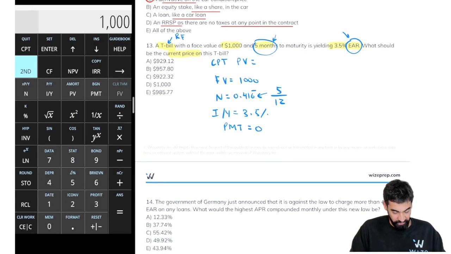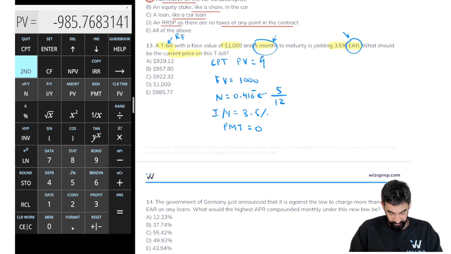So put 1,000 FV, 0.41666, plug in a lot of 6s as your N to avoid rounding mistakes. 3.5 is my IY, 0 is my payment, compute PV, gives me 985.77. That's the price today, that's E.